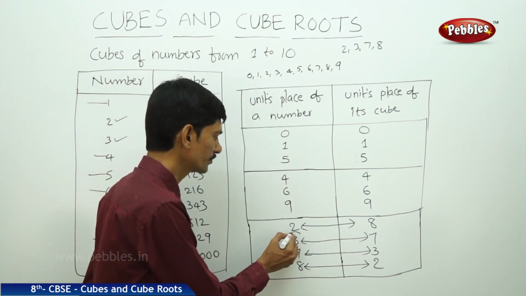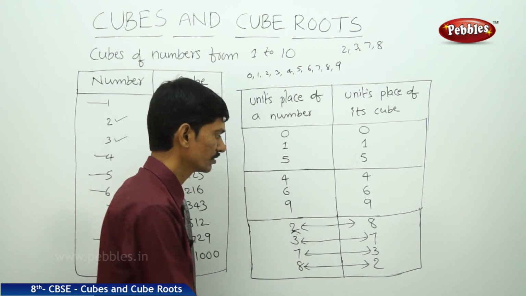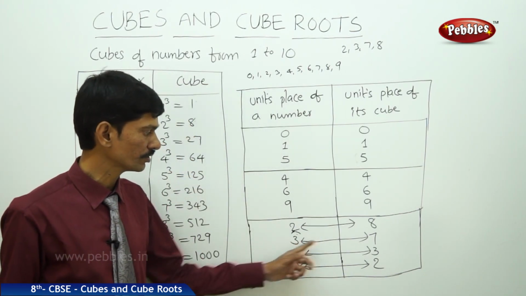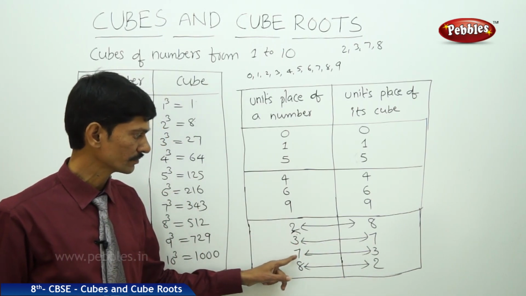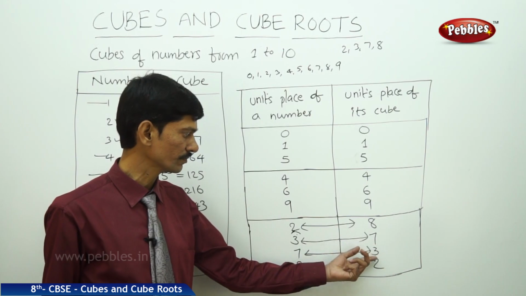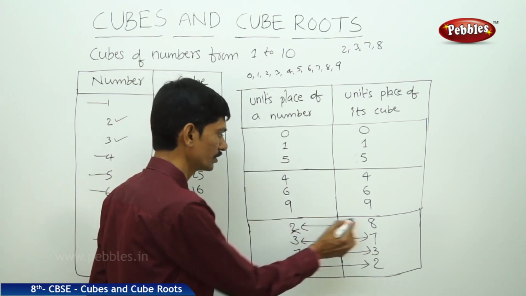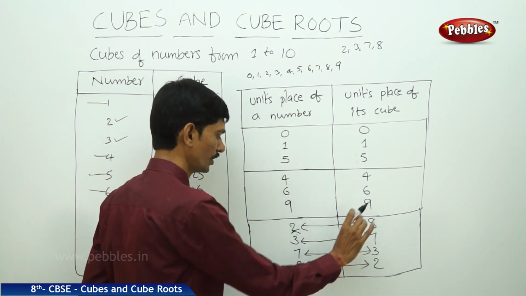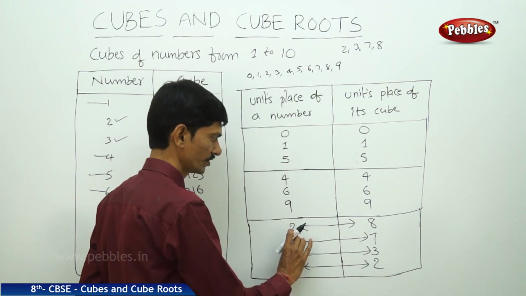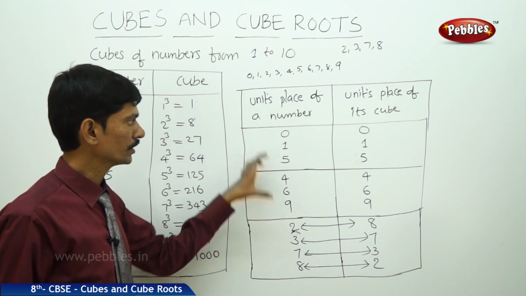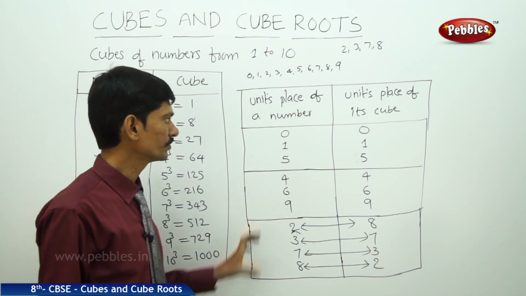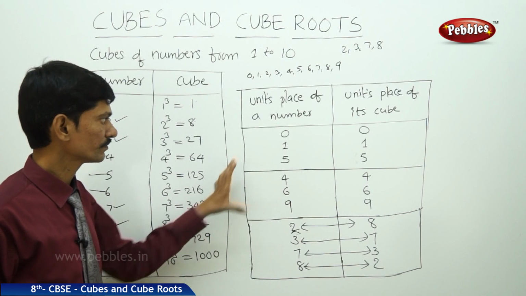If the units place of the given number is 3, then the units place of the cube is 7, or if it is 7, then the units place of the cube is 3. So we can observe these important points in the cubes of the first 10 natural numbers.